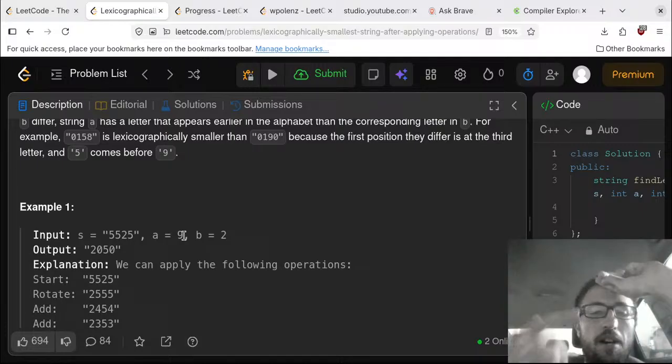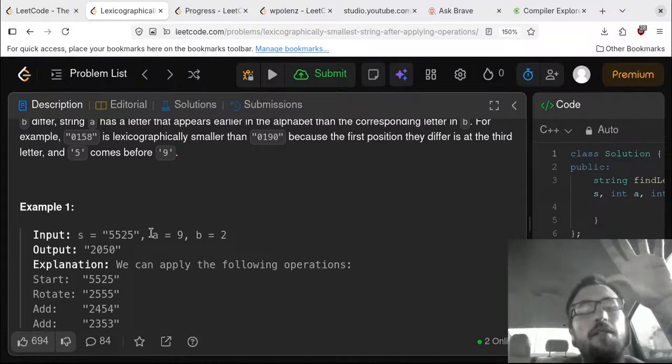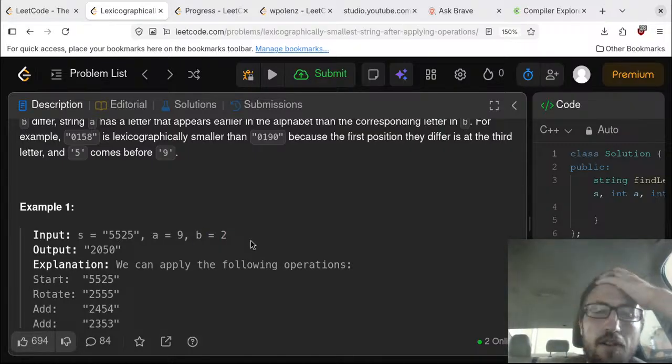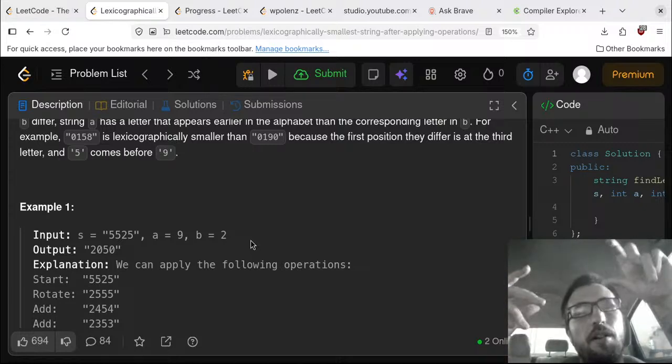A certain number of times you add A mod 10, and then that applied all the way across to all of the odd values. Now you might be able to rotate around a bit, but if you can never exchange the evens and the odds, in other words, if B is even, then you're only ever going to be dealing with those elements that could be modified.